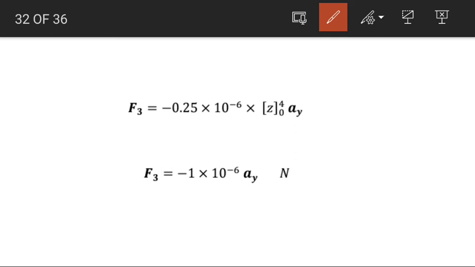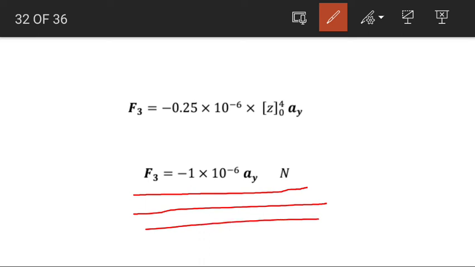We put the values, so we have minus 0.25 into 10 raised to power minus 6 cross z. Definitely we will put the limits in z, and then we have ay. So the force on L3 is minus 1 into 10 raised to power minus 6 ay. You see this force is 1 micronewton.